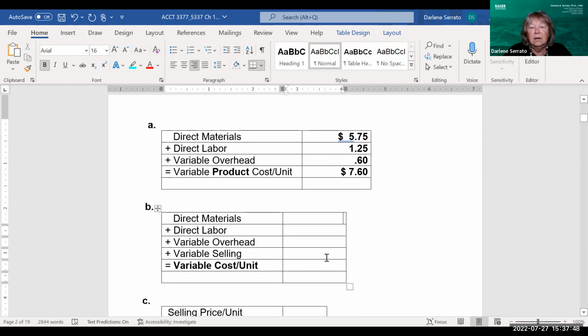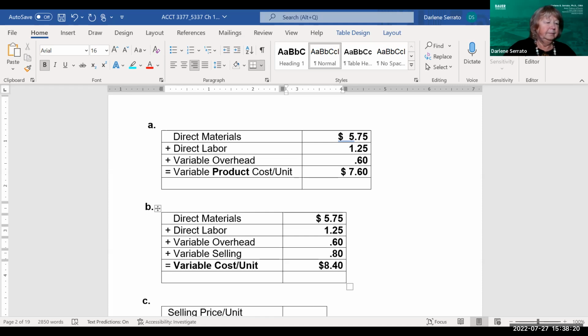Then we're going to add the variable selling of 80 cents, and that's going to be $8.40.